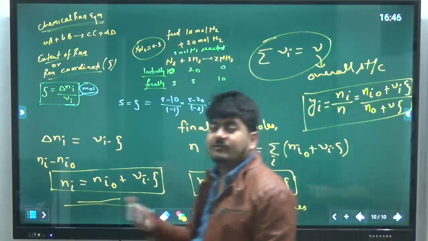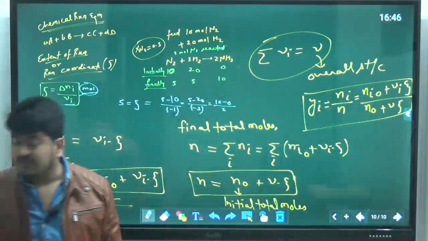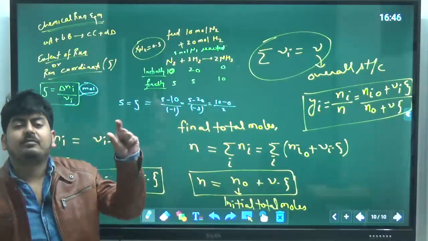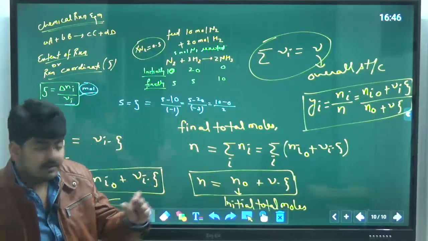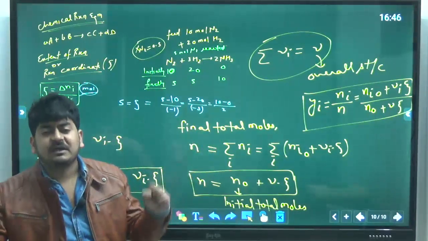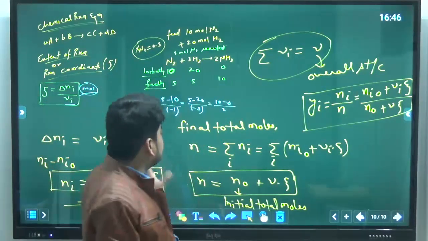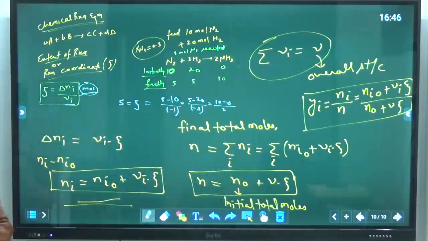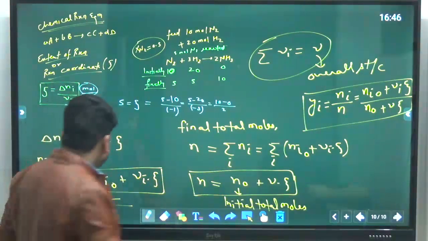So by using this expression, you can calculate the mole fraction as well. In this expression, the numerator is representing the final moles of component i and the denominator is representing the final total moles of the reaction mixture. So that is the mole fraction in terms of extent of reaction.